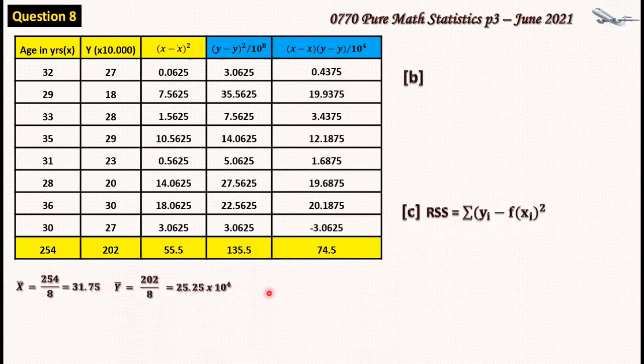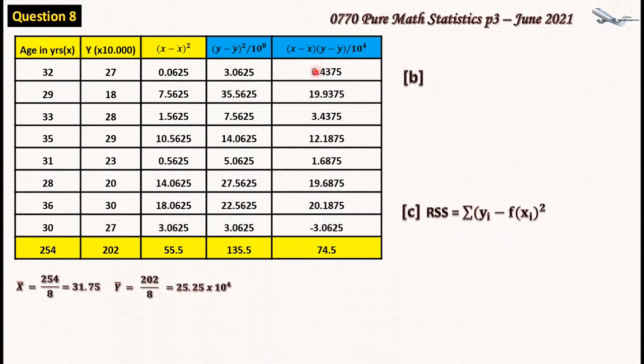Then we can now move to x minus x bar into y minus y bar. In this case, since y bar is in 10 to the power 4, this value will be times 10 to the power 4. So when we do all of these computations, x minus x bar into y minus y bar of the first value, you have 32 minus 31.75 into 27 minus 25.25, all of that times 10 to the power 4.